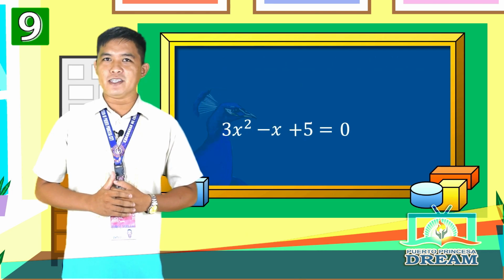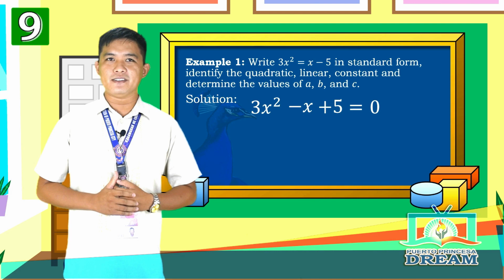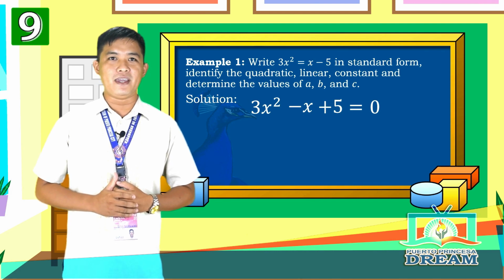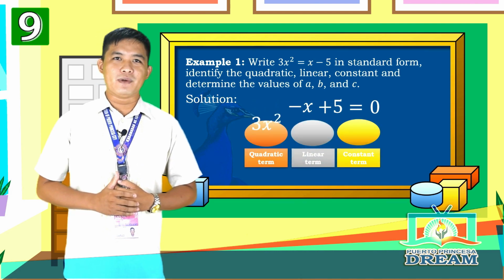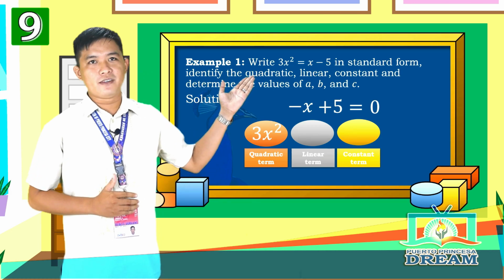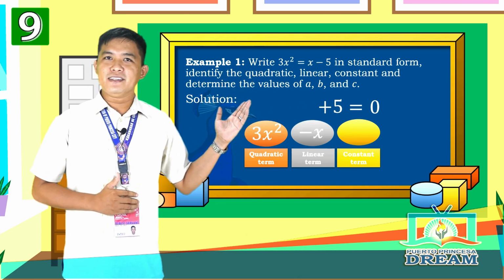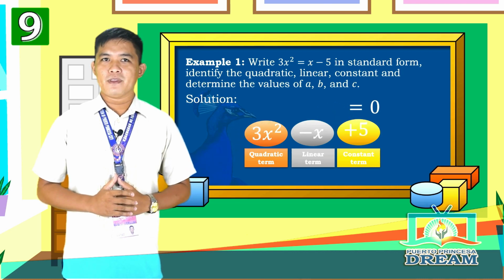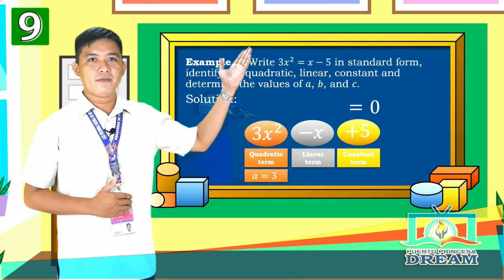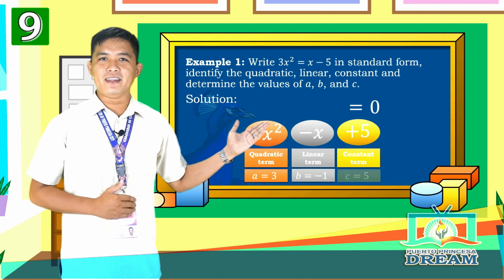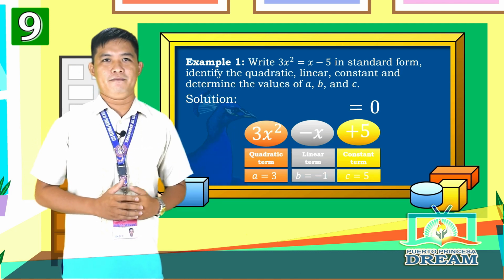Let us identify the quadratic, linear, and constant terms and the values of a, b, and c. The quadratic term is 3x squared, the linear term is negative x, and the constant term is 5. The value of a is 3, the value of b is negative 1, and the value of c is 5.